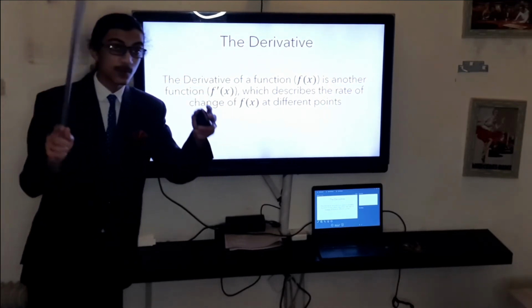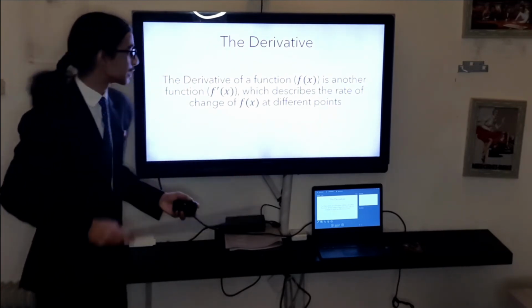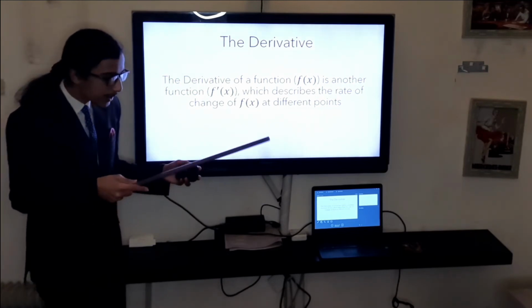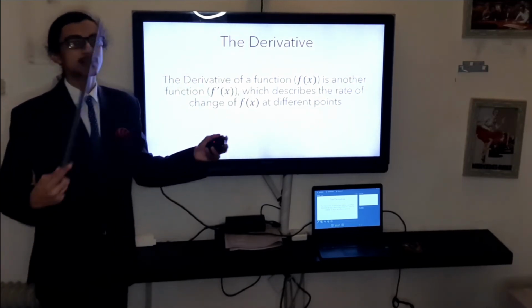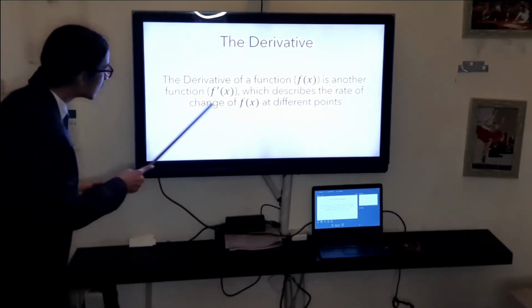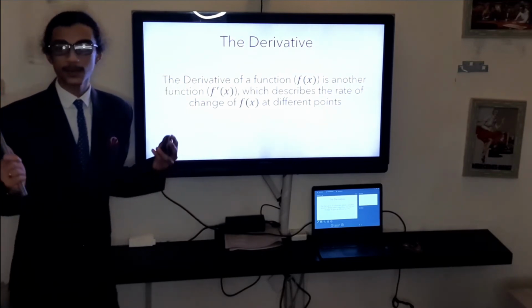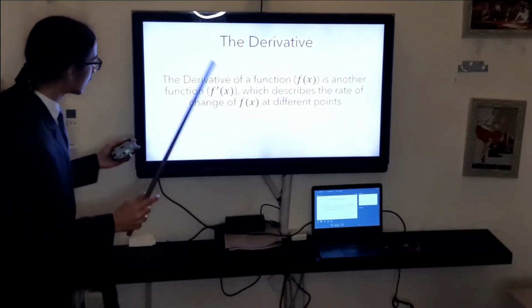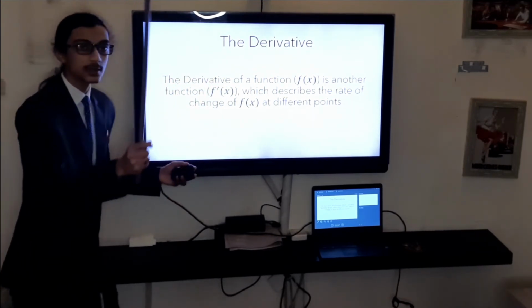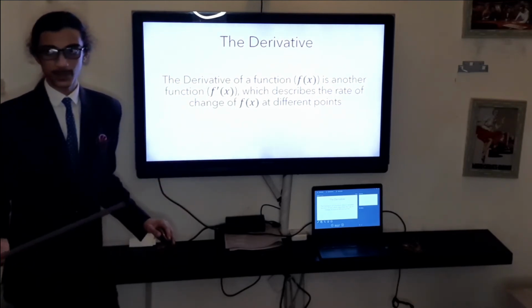In and around that specific point, how fast is the function growing or shrinking? How fast is the function changing? f prime of minus 1 is in and around the point x equal to minus 1. How fast is the function changing? What is its rate of change? So this derivative is just outputting the rate of change of f of x. Nothing more, nothing less. That's all a derivative is at the end of the day.